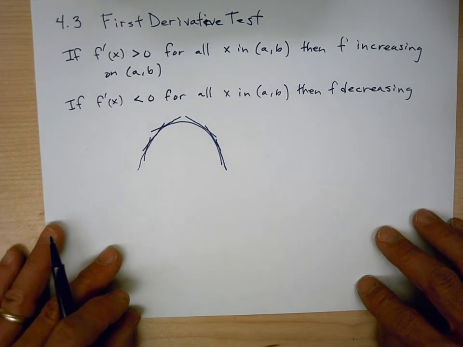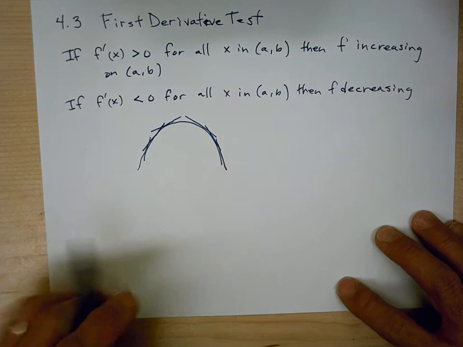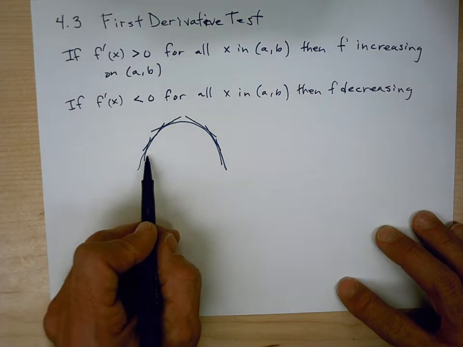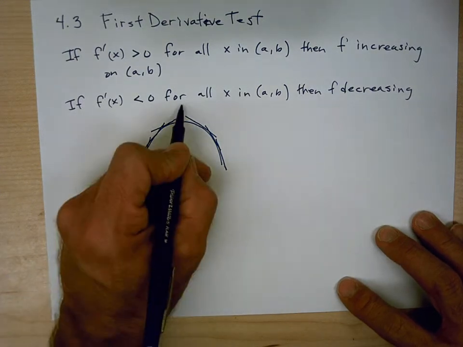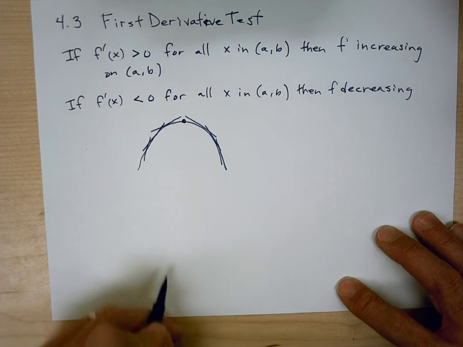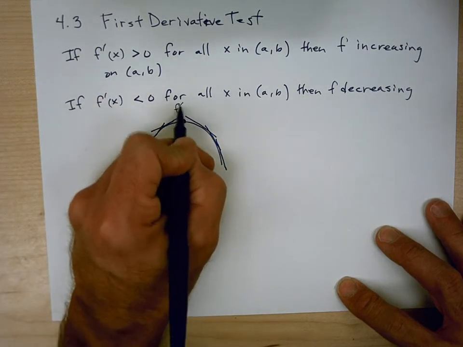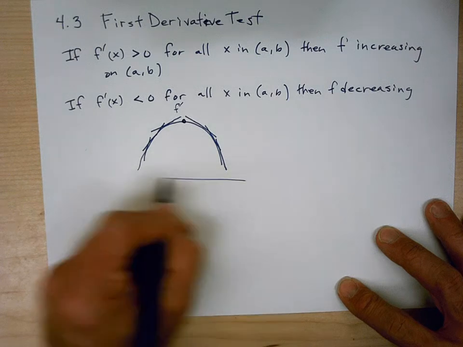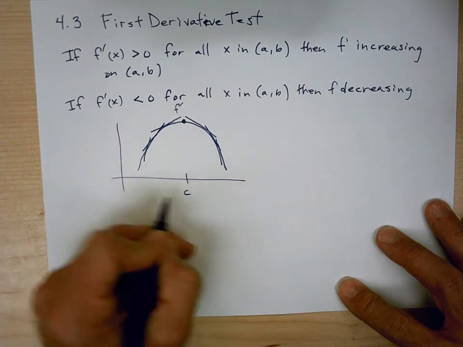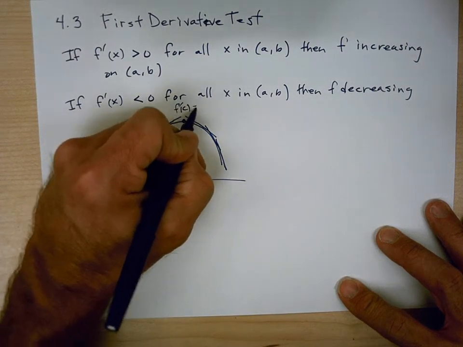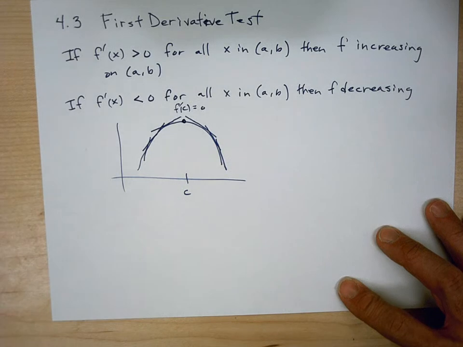In terms of the first derivative test, though, what we wanted to use this idea for, right? Let's say the top of our graph is here. At that point, let's call that c, f prime of c is 0. That's a critical point, all right?